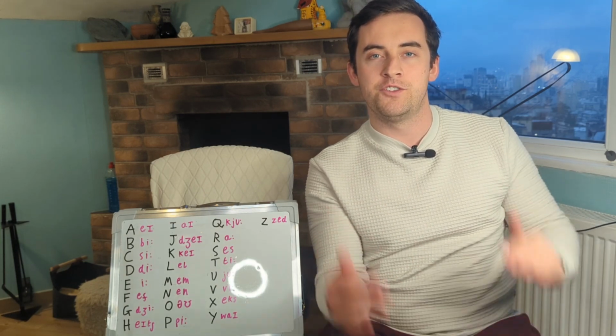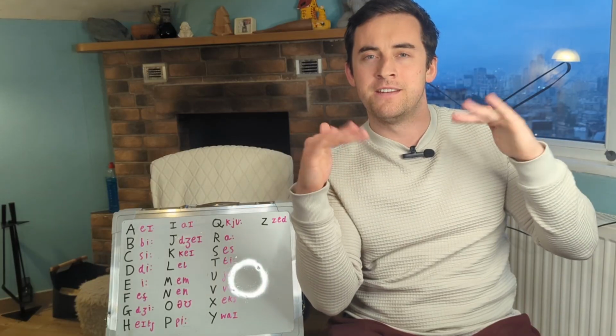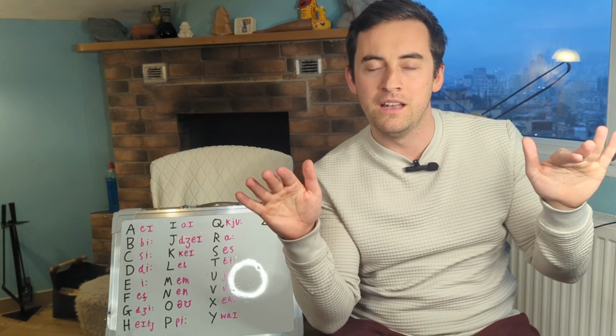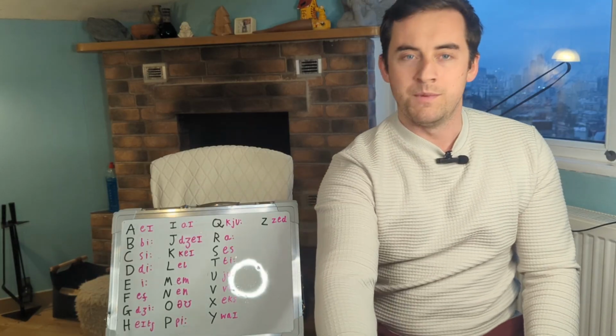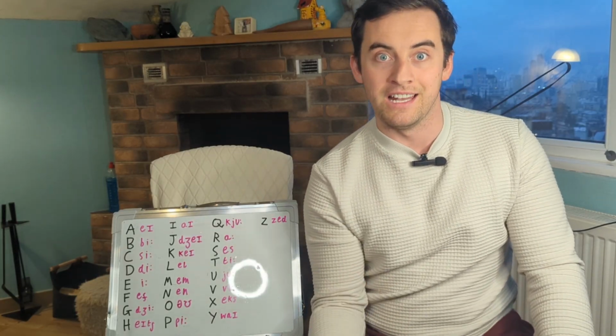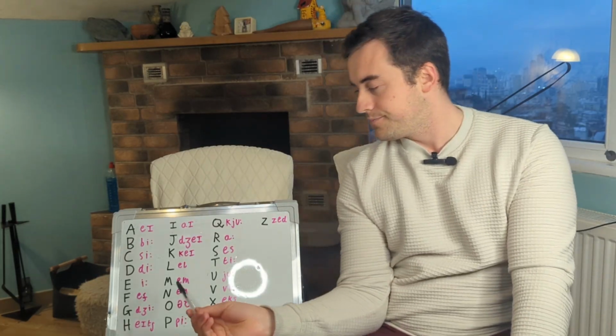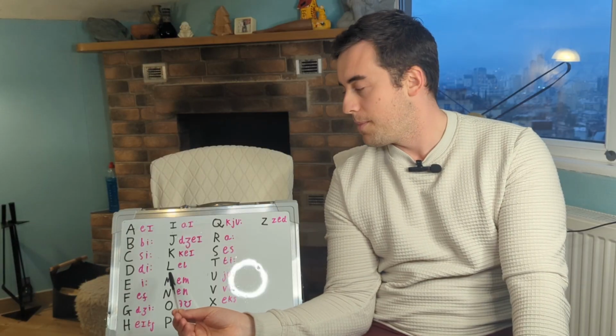And you just want to hold it there for a split second so you can get the nice ooh, L, like that. And we call that the dark L, which is on the end of a word.